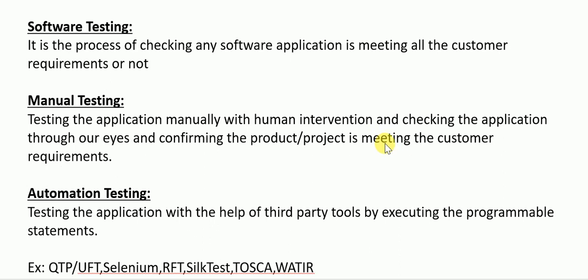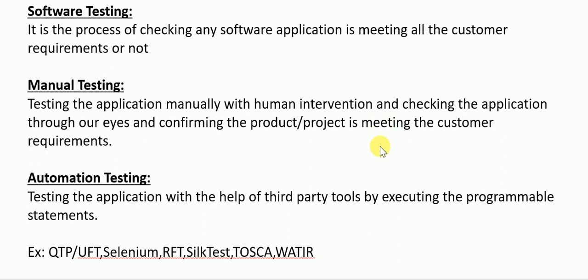So manual testing is testing the application manually by entering the data and seeing with our eyes and verifying. Whereas automation testing is testing the application with the help of tools, and the tool will take care to perform all those actions on our behalf, and will give you the result whether the application is working correctly or not.